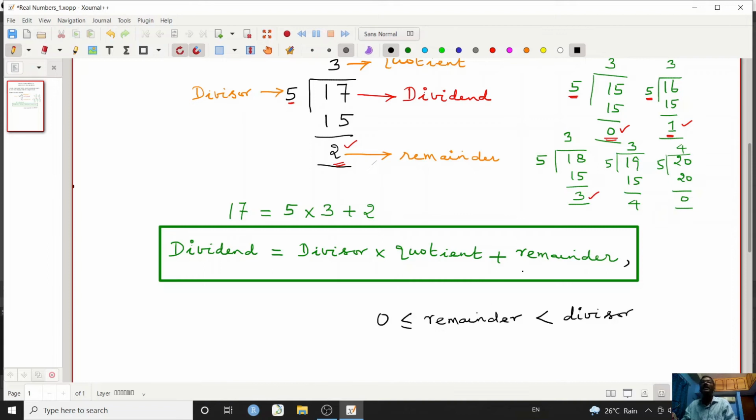So what is the condition on the remainder? This is the condition on the remainder: 0 less than or equal to remainder less than divisor.